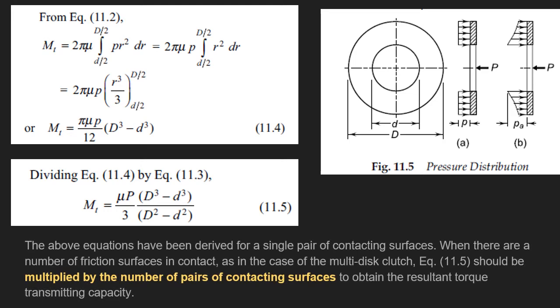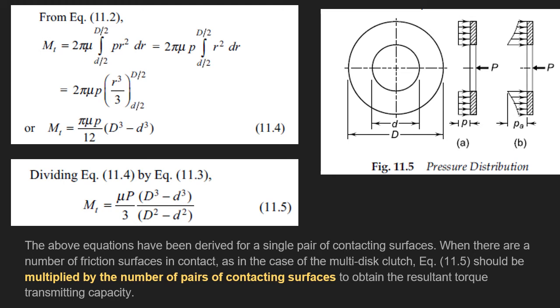All right, so the above formula has been derived for a single pair. That is, in the figure, this is derived for a single plate clutch.